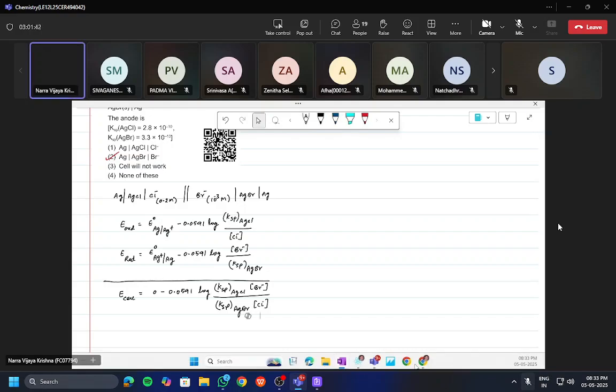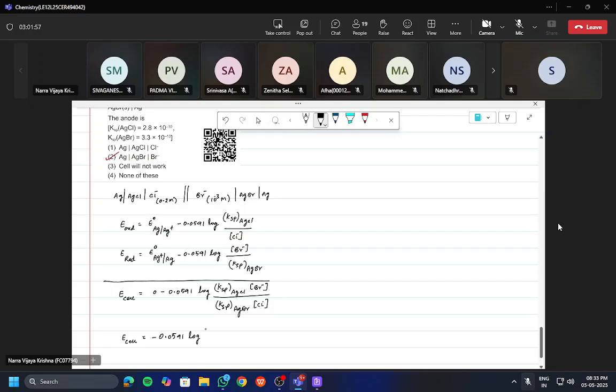E of cell equal to minus 0.0591 log. What is KSP of AgCl given? 2.8 into 10 power minus 10 into concentration of Br minus given 10 power minus 3, divided by KSP of AgBr given 3.3 into 10 power minus 13 into concentration of Cl minus given 2 into 10 power minus 1.